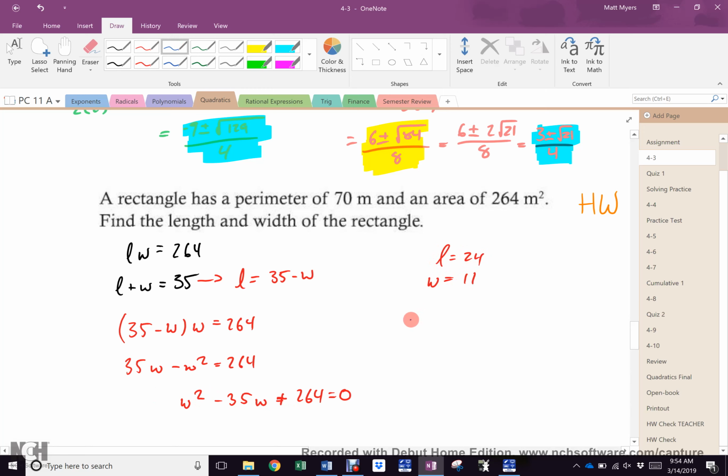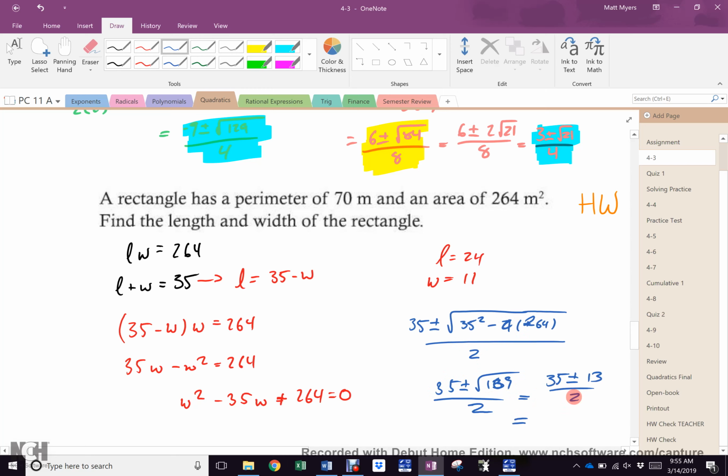So let's just do that. 35 plus or minus the root of 35 squared minus 4 times 1 times 264, over 2. 35 squared minus 4 times 264 is 169. So 35 plus or minus 13 over 2, which is either 48 over 2 or 22 over 2.